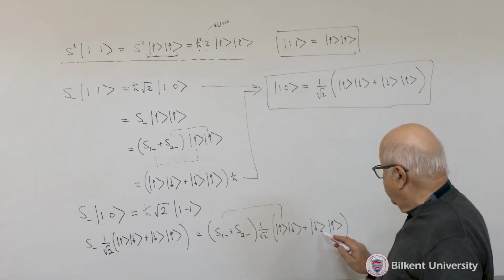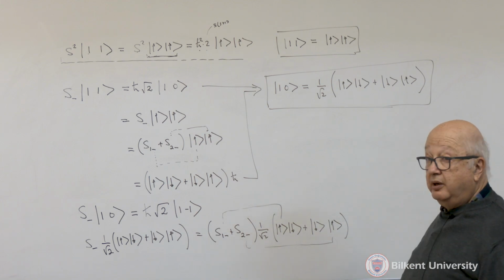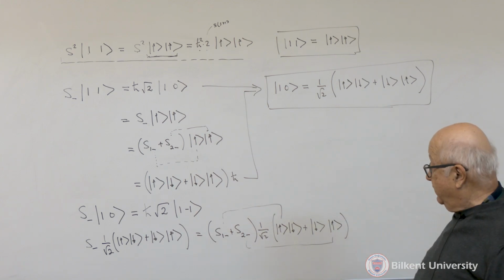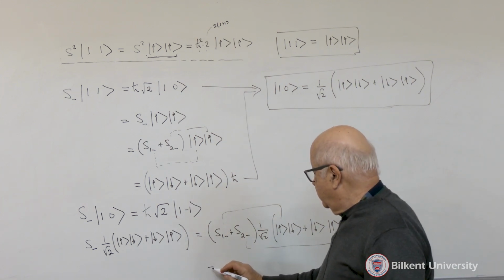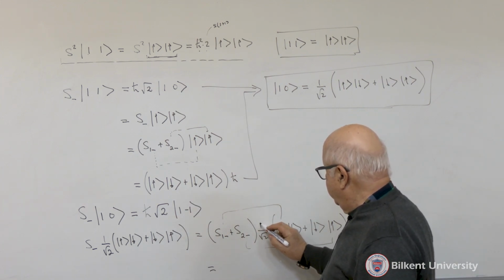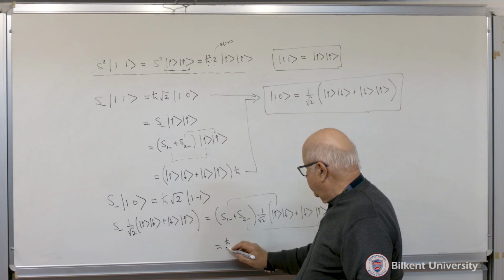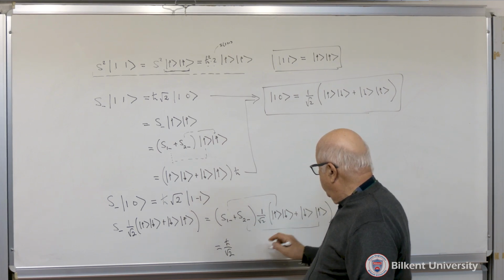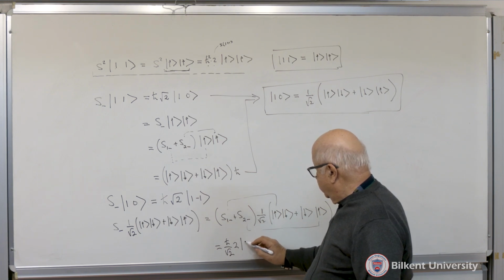S2 minus can operate only on the second term, otherwise I'm going to get 0. So what do I get? There's going to be an H bar again, which I shouldn't forget. There will be an H bar over root 2, but there will be 2 terms which are going to give me down and down.